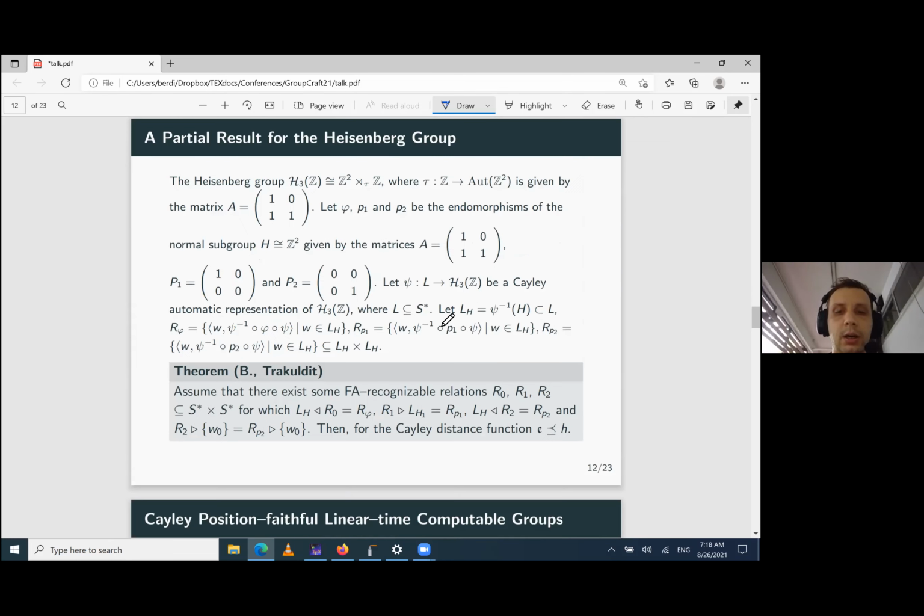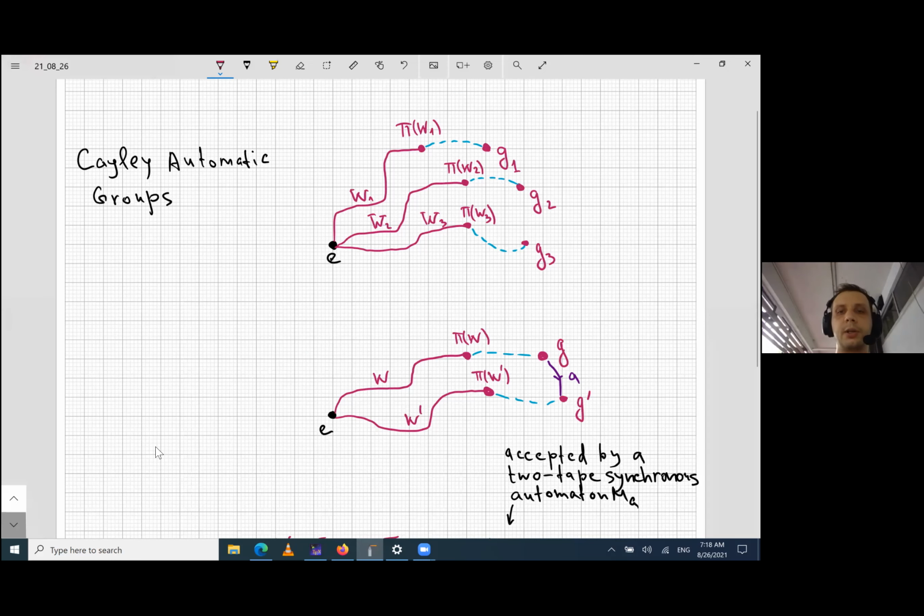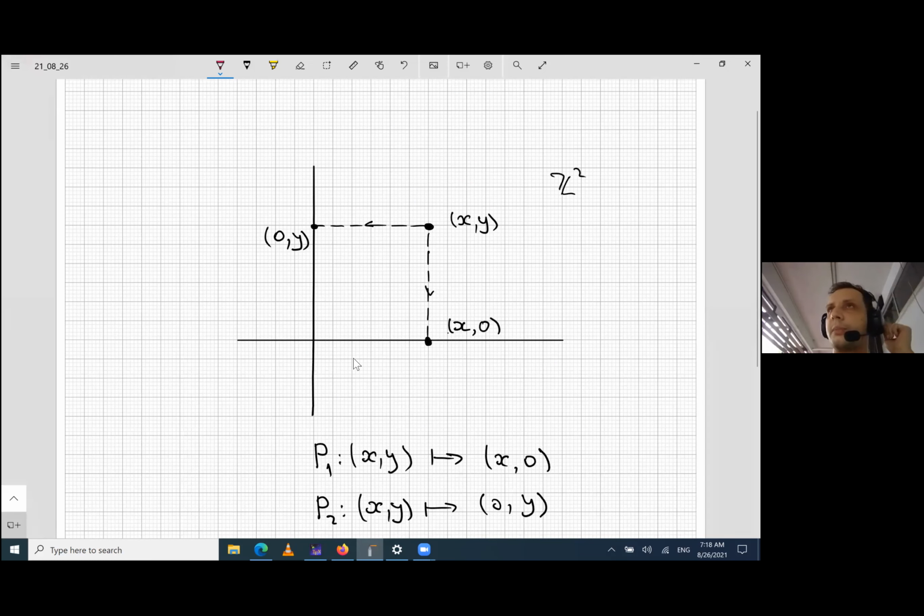Well, we have a partial result for the Heisenberg group. I think you probably don't need to look at this, so I will try to explain the meaning of it. If you make certain assumptions about a Cayley automatic representation of a Heisenberg group, right? In a Heisenberg group, you have this normal subgroup Z squared that naturally sits inside the Heisenberg group.